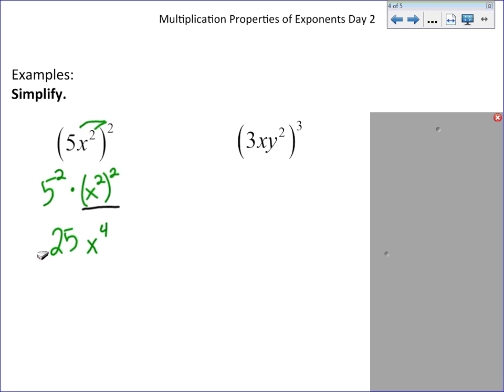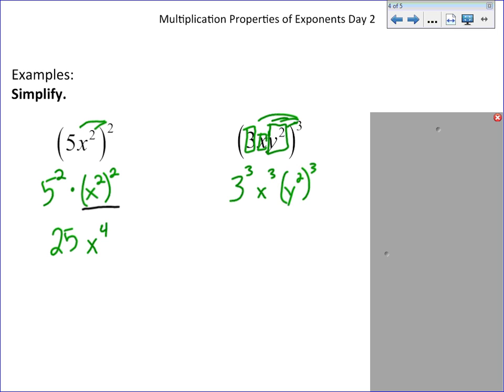Look at this example here. Now we have three numbers. We have 3, x, and y squared, but those are our three bases, so the cube is going to go to all three. You're going to have 3 to the third power, x to the third power, and y to the second, which would be to the third power. So you can almost see these as three individual things. 1, 2, 3.